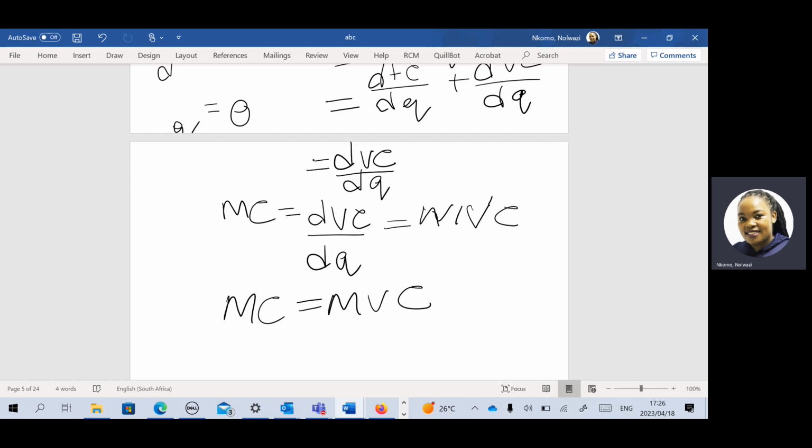You can even just go straight to here. If you are given a marginal variable cost and they ask you to find the marginal cost, you can just take that marginal variable cost and say that is your marginal cost, and you can prove it like this.